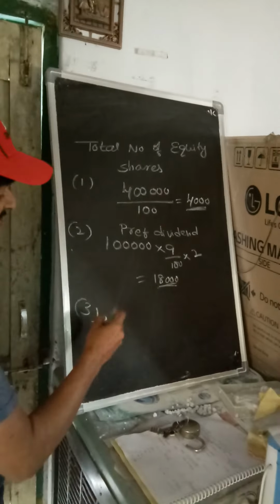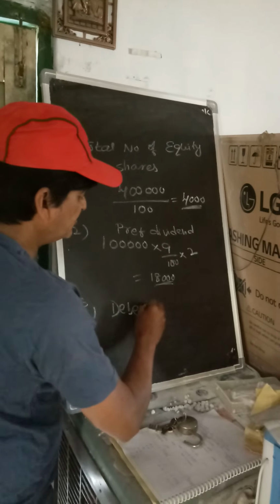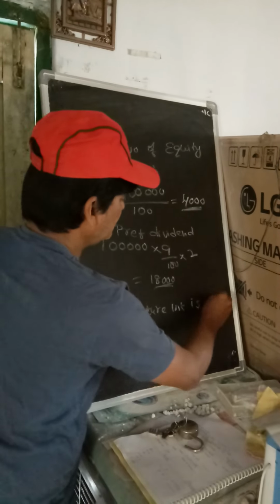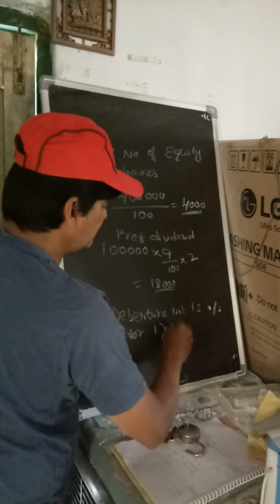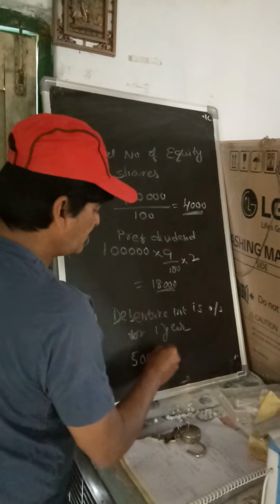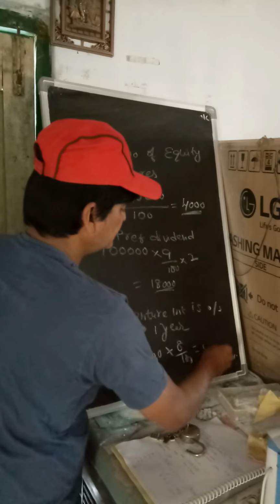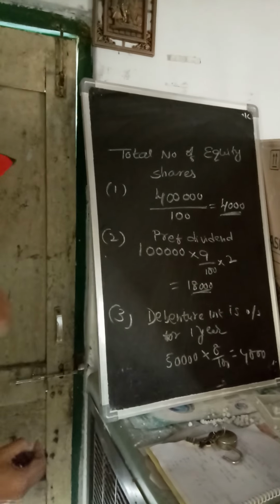And if you see the third one, debenture interest is outstanding for 1 year. Here debentures are given as 50,000 and 8% interest is owing for 1 year, so debenture interest outstanding is 4,000. My dear students, these are the working notes which you have to do.